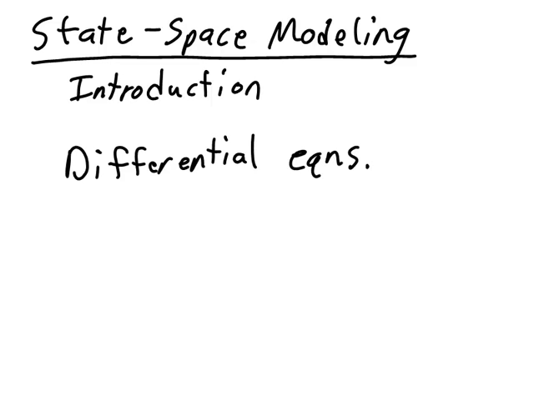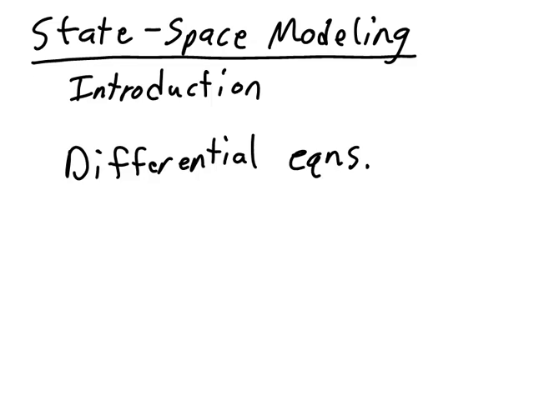Early on in class, we learned how to take a differential equation of a system that is a first order or a second order differential equation and match it to the standard form of a first or second order differential equation in order to find properties of the system like the damping ratio and the natural frequency.